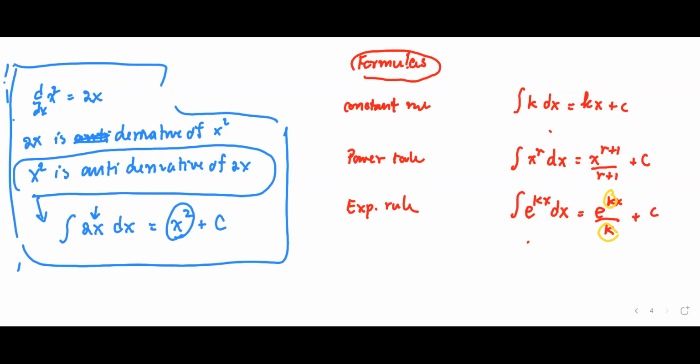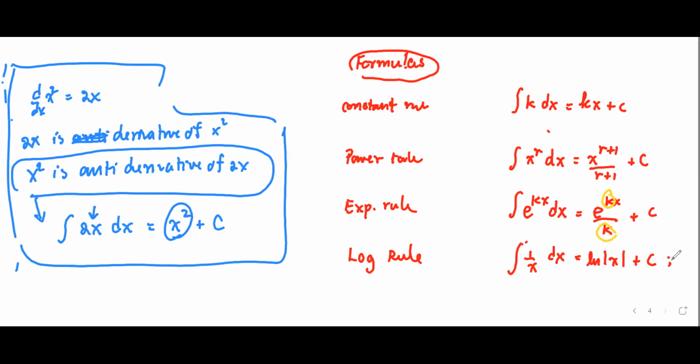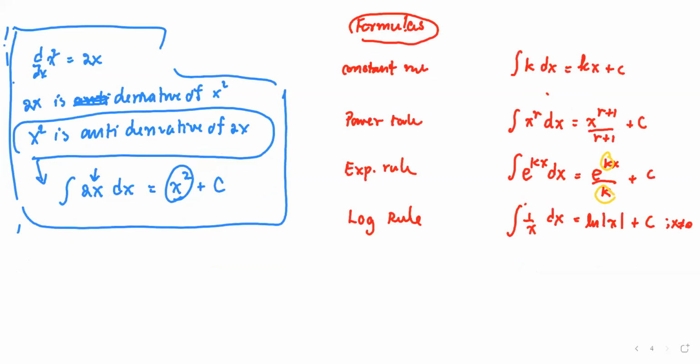The next one is the logarithmic rule, the rule involving the log form, which is the integral of 1 over x with respect to x. That turns out to be the natural log of the absolute value of x plus the constant of integration c. And note that x cannot be 0, because if x is 0, the expression for the integrand is undefined, so we have nothing to do with that.